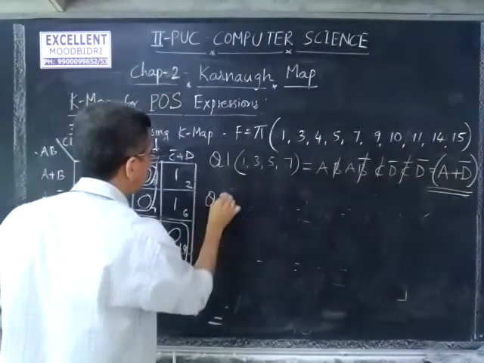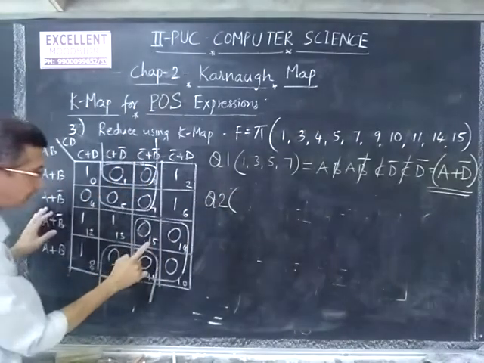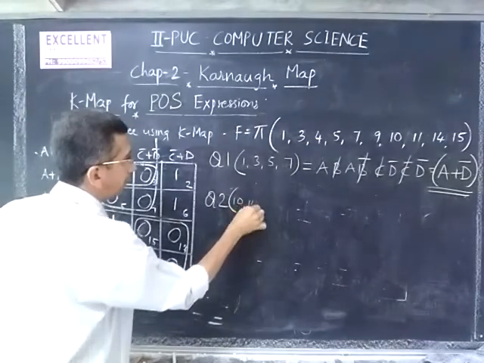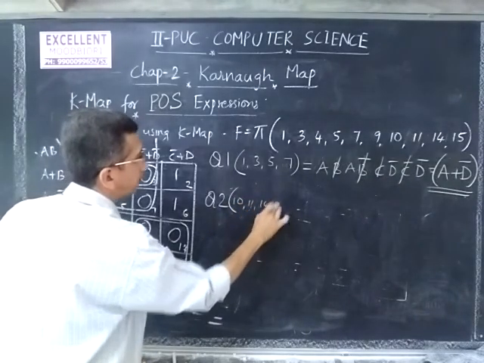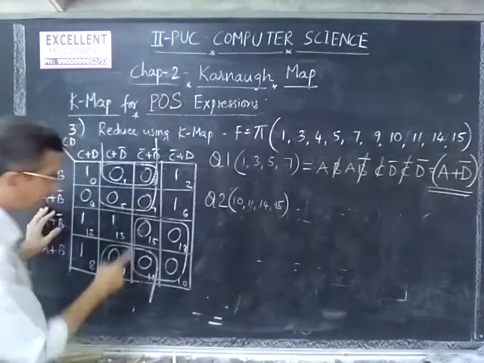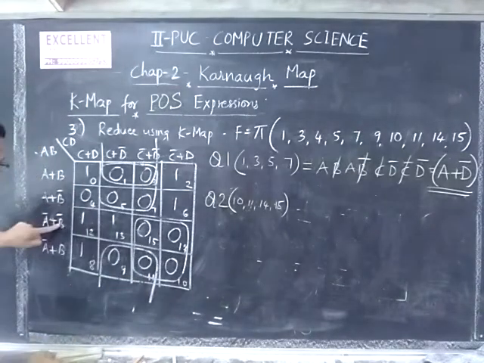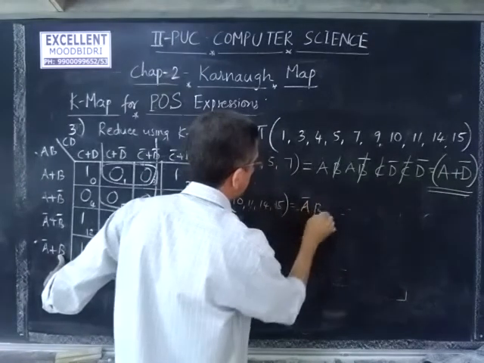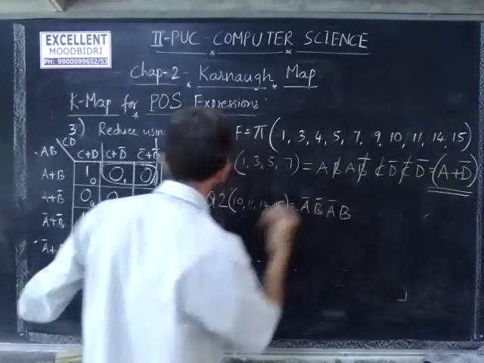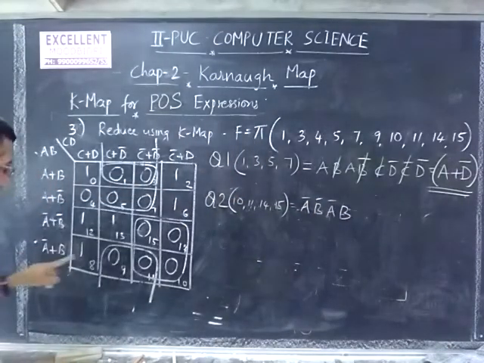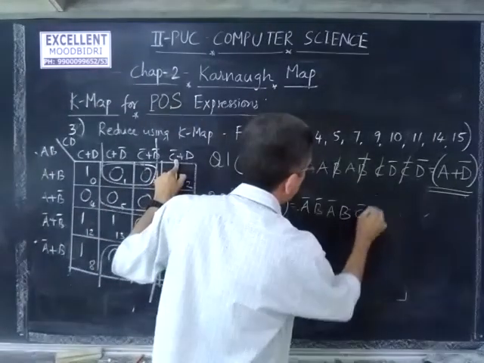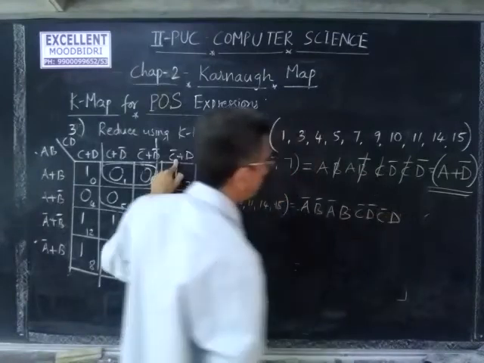Next, write quad 2. Quad 2 is this one. 15, 14, 11 and 10. You can write 10, 11, 14 and 15. You can write in sequence, no problem. This quad. So write A bar, B bar, A bar, B. Next, C bar, D bar, C bar, D. Cancel.